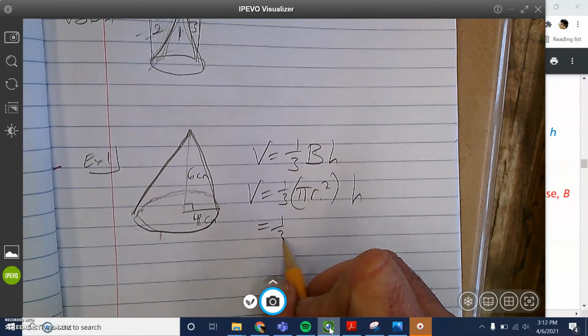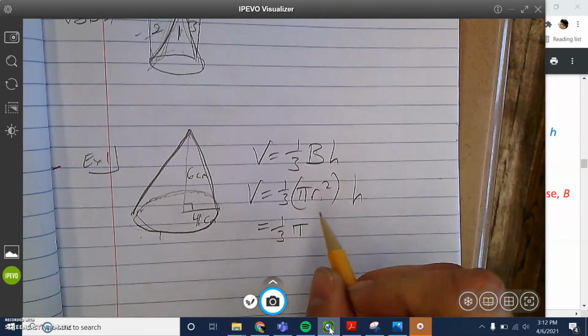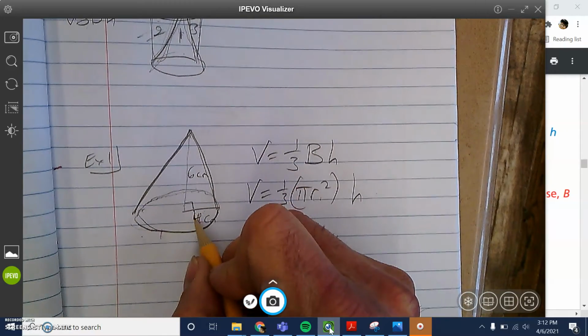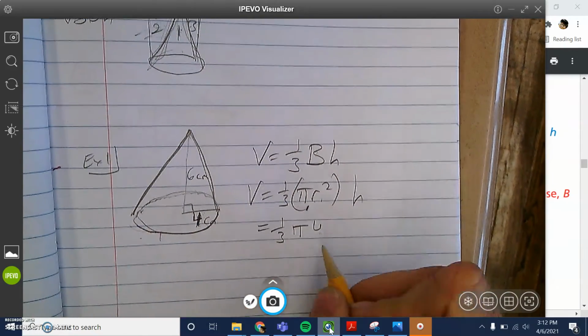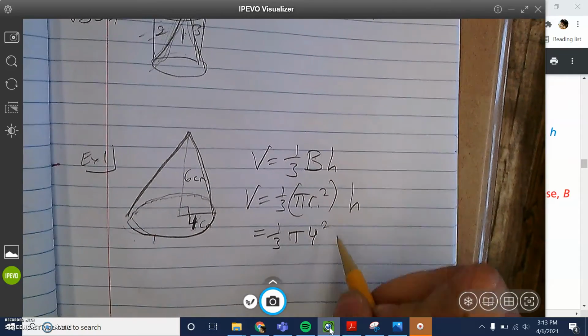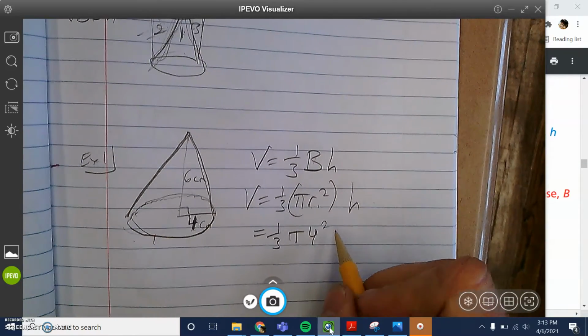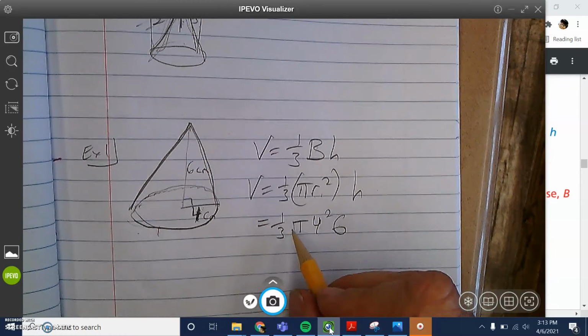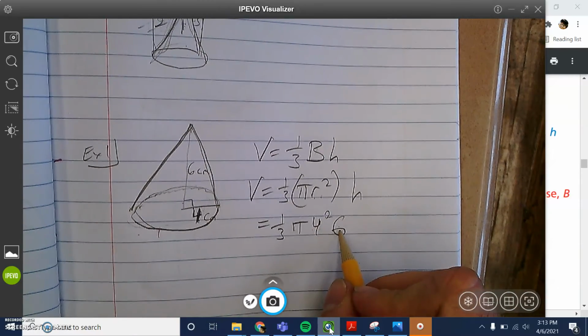So 1/3 pi radius. What's the radius? It's 4 right there. That's 4, 4 squared times h. H is going to be 6. So 1/3 pi times 4 squared times 6.